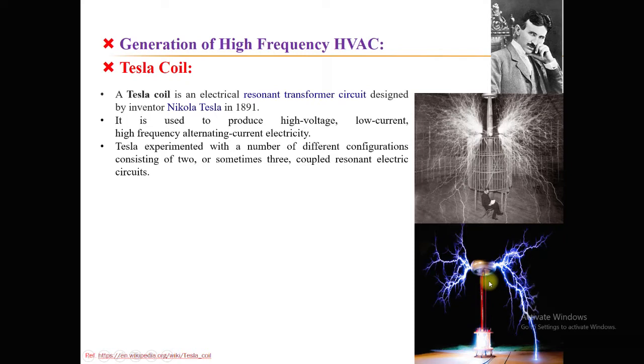Tesla experimented with a number of different configurations which consisted of either two or sometimes three coupled resonant electrical circuits. In this Tesla transformer, you have a loose coupling between the primary and secondary windings. I will discuss some of the differences between ordinary transformers and Tesla transformers.